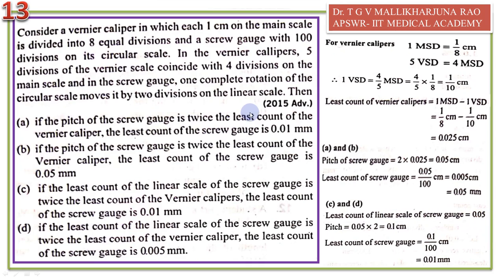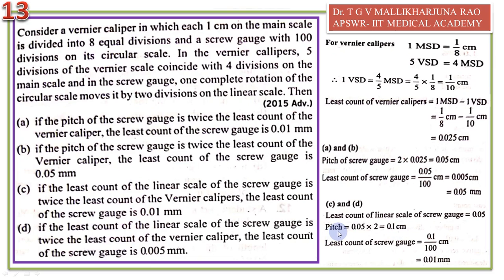Then pitch of the screw means the distance moved per rotation. Here one complete rotation of the circular scale moves it by 2 divisions, that means we should multiply by 2. That means 0.05 into 2, you will get 0.1 centimeter.